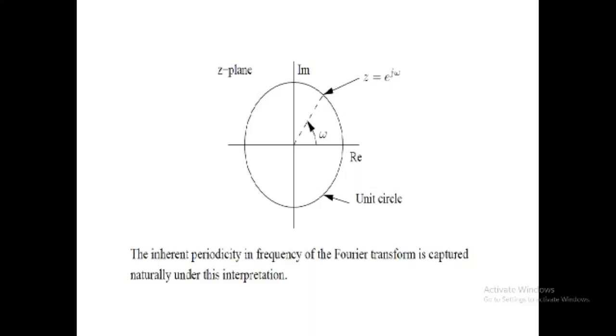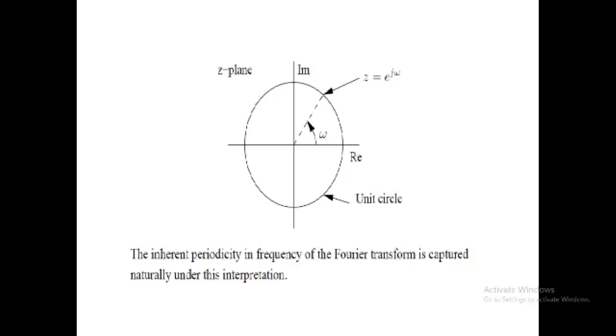The Fourier transform converges absolutely if and only if the ROC of the Z transform includes the unit circle. The ROC cannot contain any pole. If x of n is of finite duration, that is 0 except on a finite interval, then the ROC is the entire Z plane except perhaps at z equal to 0 or z equal to infinity.